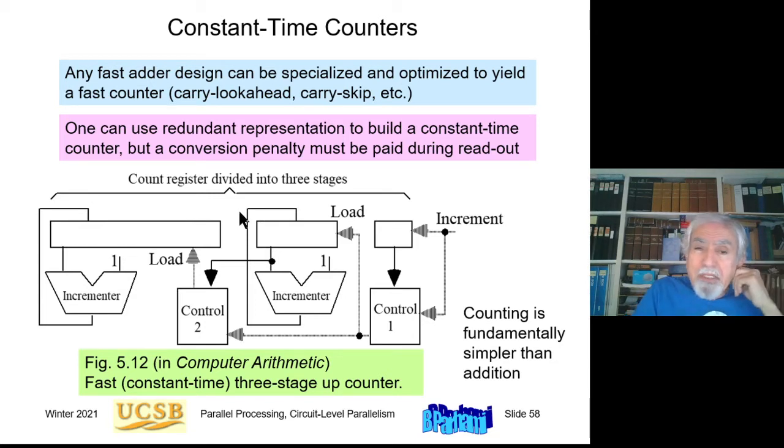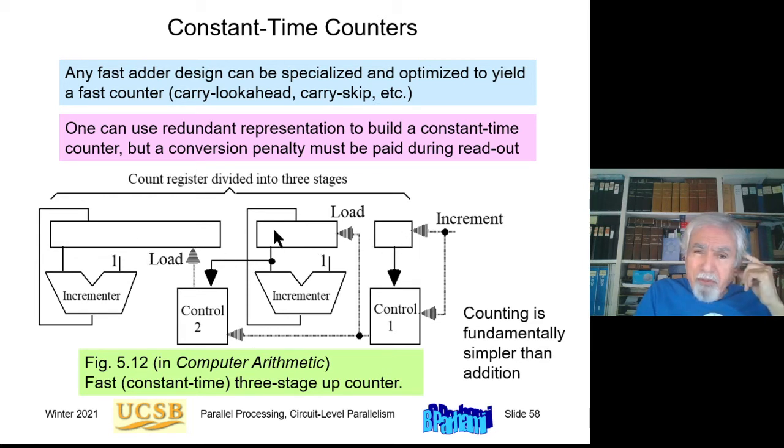The idea is to divide the register, the long register that holds the count, into segments, beginning with a very short segment, maybe 2-3 bits at the least significant end, then more bits, then more bits. So the length of each segment grows as we go from right to left.